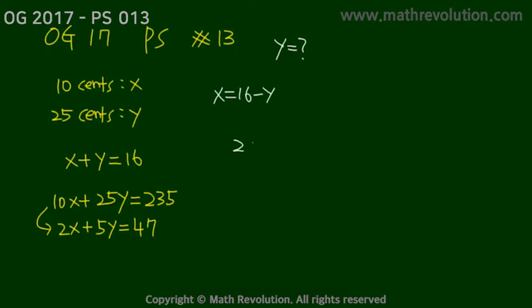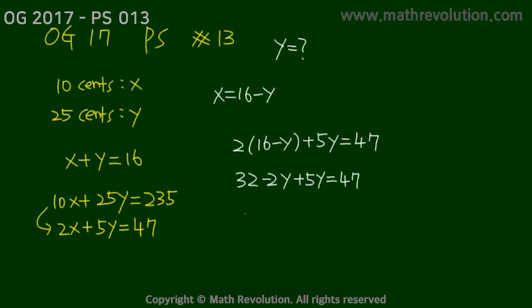And if we plug in this equation, we get 2 times 16 minus y plus 5y equals 47. 2 times 16 equals 32 minus 2y plus 5y equals 47. And then we get 3y equals 47 minus 32, which is 15. So y is equal to 15 divided by 3, which is equal to 5. So our answer is choice B.